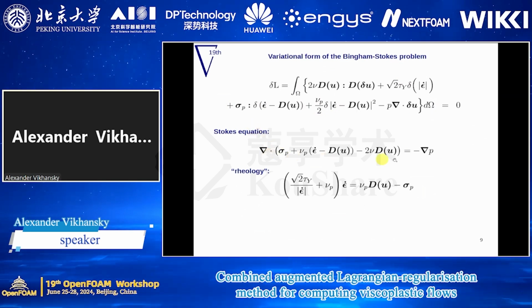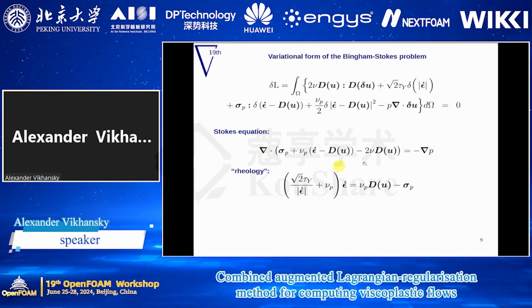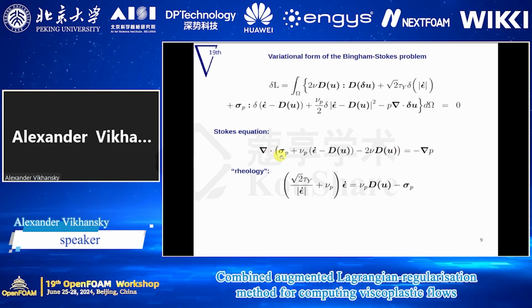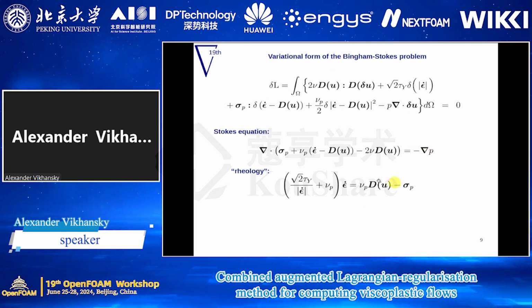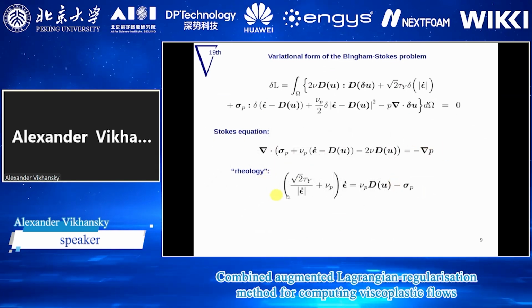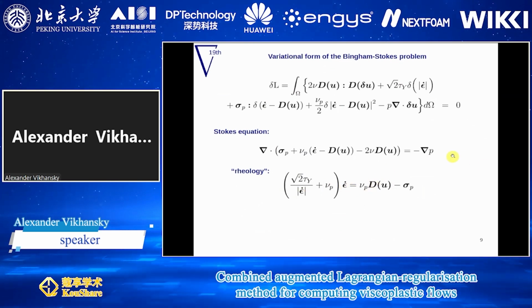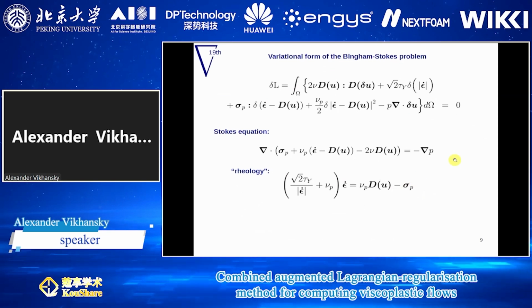One looks like the Stokes equation. So basically, this is the total dissipative stress, and it's balanced by the gradient of pressure. And the second equation basically links this dummy to the real deformation rate and to the Lagrangian multiplier.